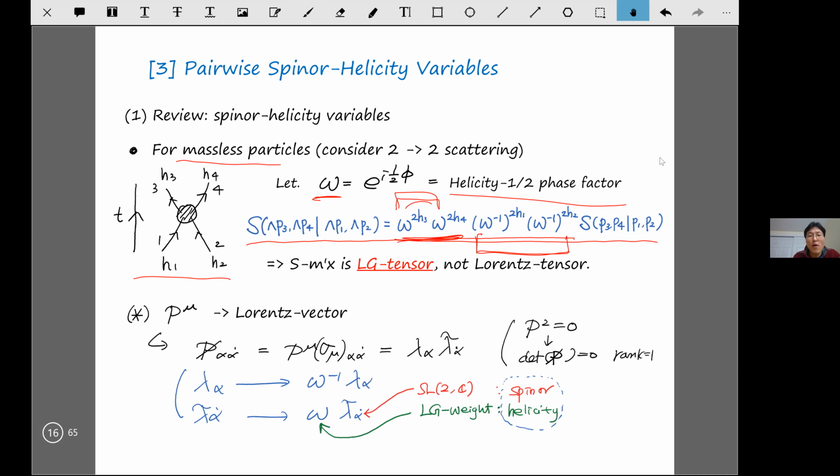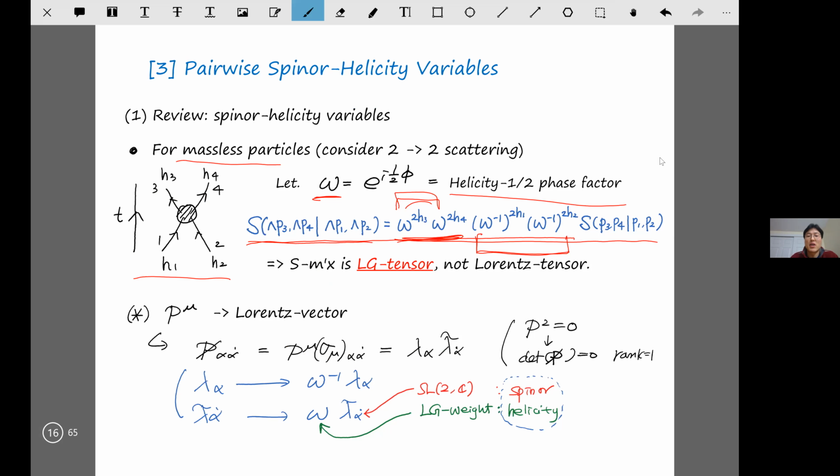Now you note that the S matrix transforms under Lorentz transformation as a Lie group tensor, not as a Lorentz tensor. Remember, momentum is a Lorentz vector, but under Lorentz transformation, what you pick up is a Lie group phase, not a Lorentz tensorial structure. It is a Lie group tensor.